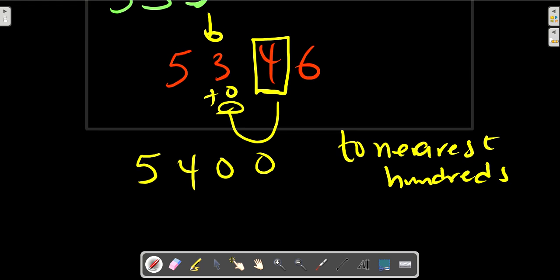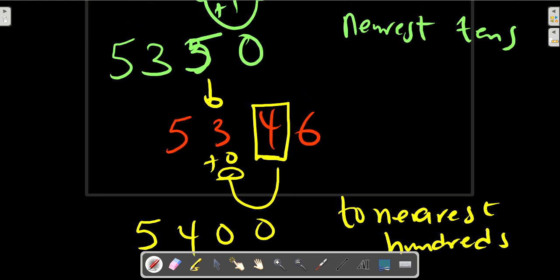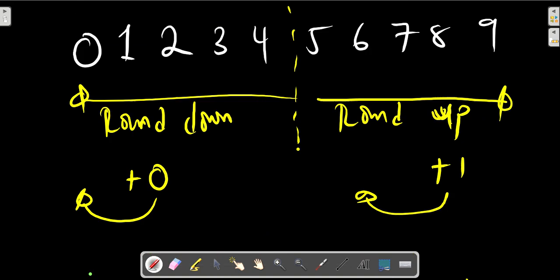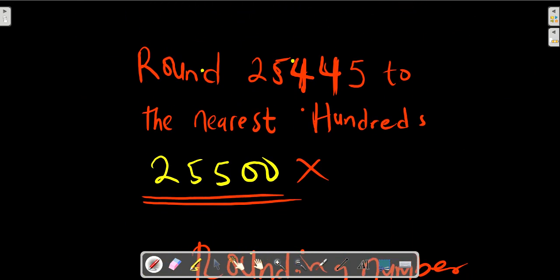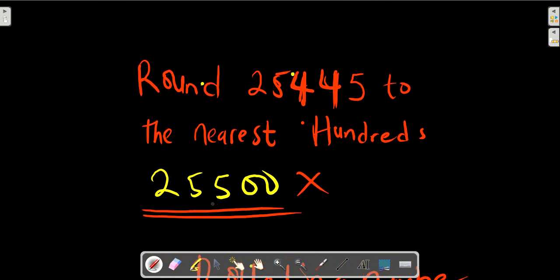Now let's take a look at the number at the beginning of our expression. This number is 25,445. So the number 25,445 rounded to the nearest hundreds. The first thing we need to do is identify the number in the hundreds place, and in this case it's the digit 4.